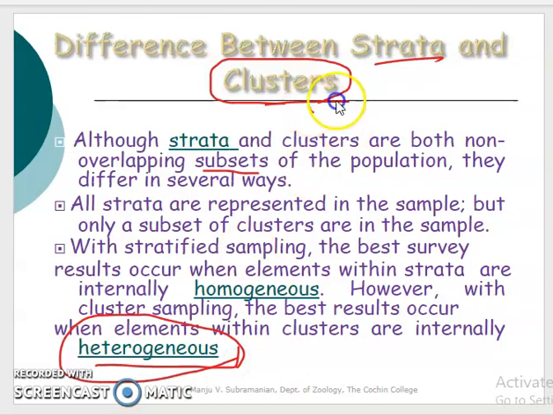If a population is homogeneous, then the best sampling method is strata sampling. So if a population is homogeneous, you should use strata sampling, and if a population is heterogeneous, you should use cluster sampling.